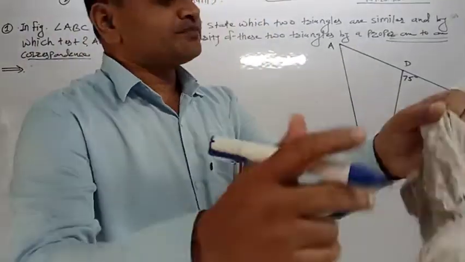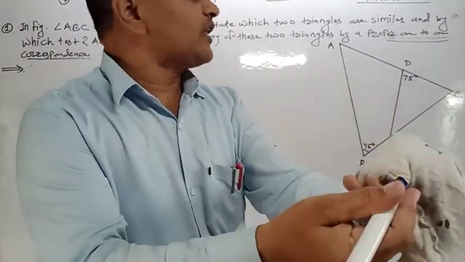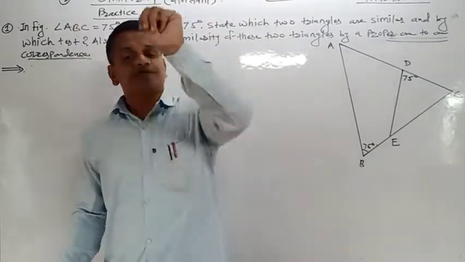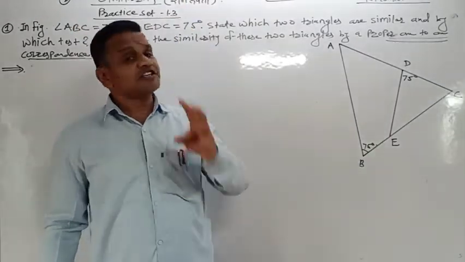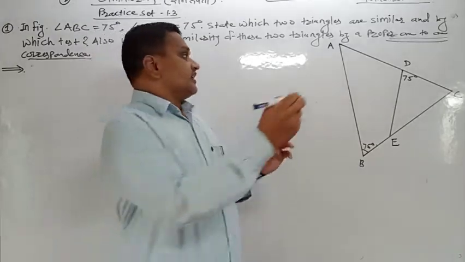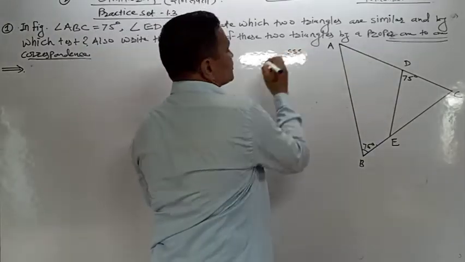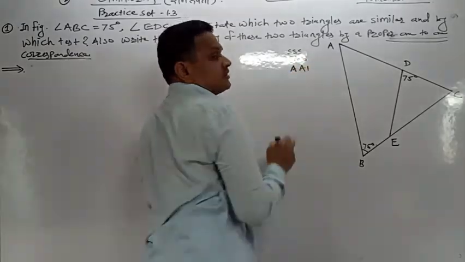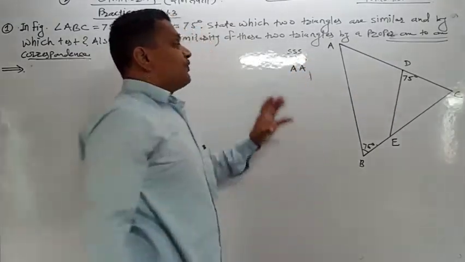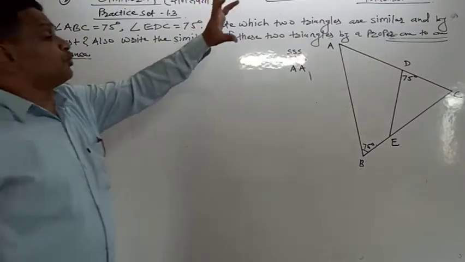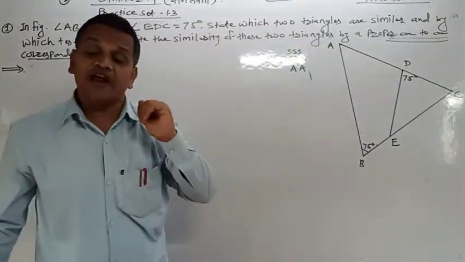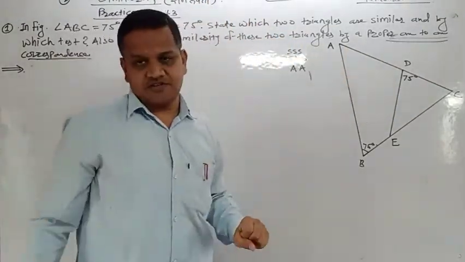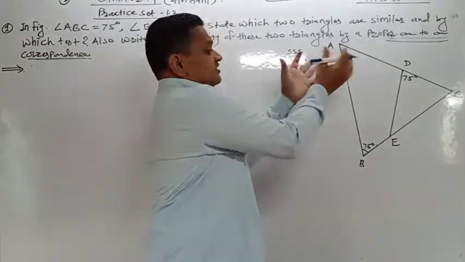Now, we know that there are three tests of similarity of two triangles, right? Which are the three tests? SSS test, SAS test, and double A test. Now, which test can we use here to prove the similarity of two triangles? Let us study.